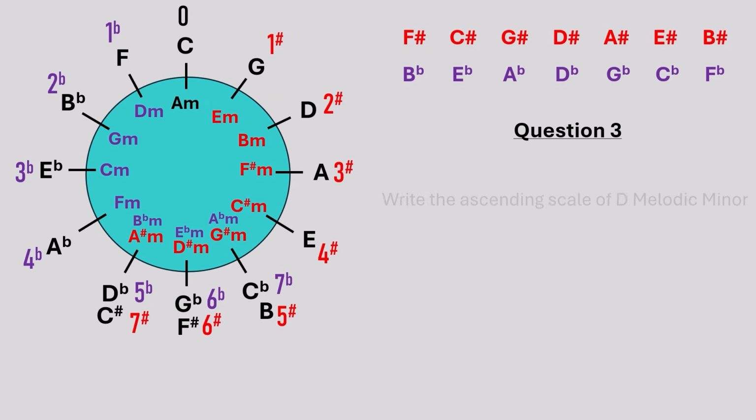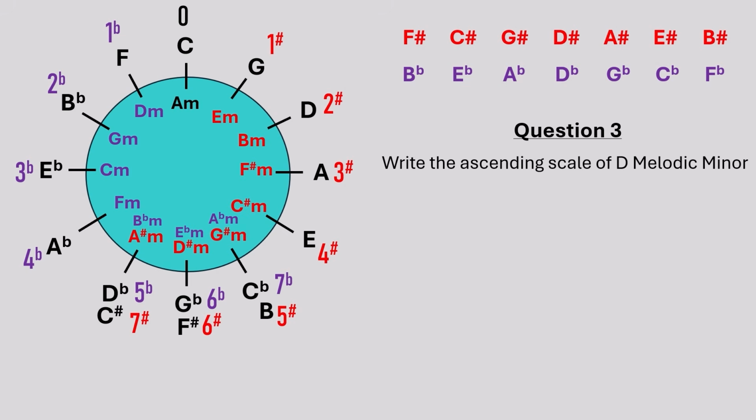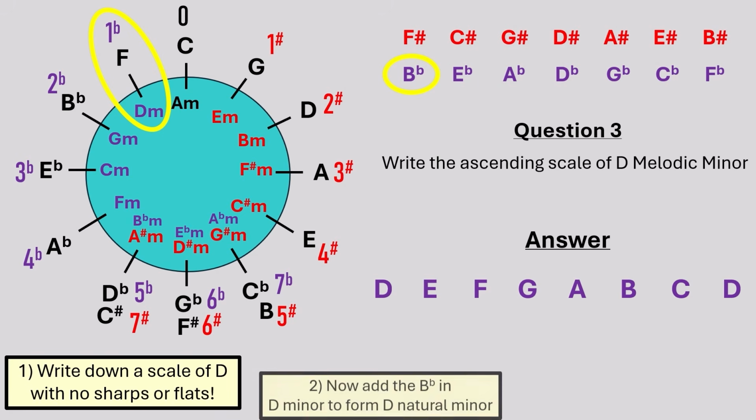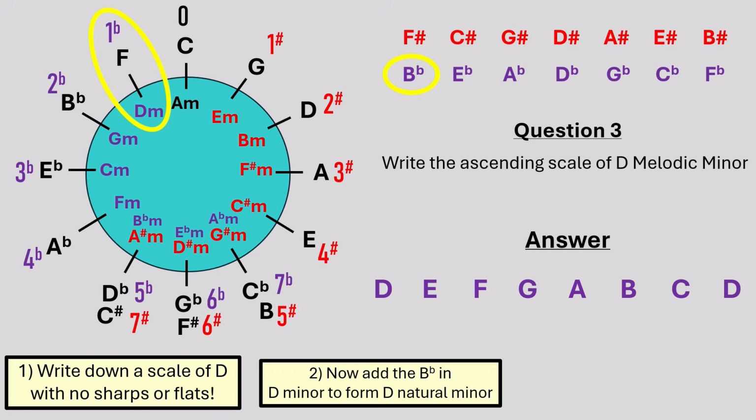Question 3. Write the ascending scale of D melodic minor. First, write down a scale of D with no sharps or flats. Then add the B flat in D minor to form D natural minor.